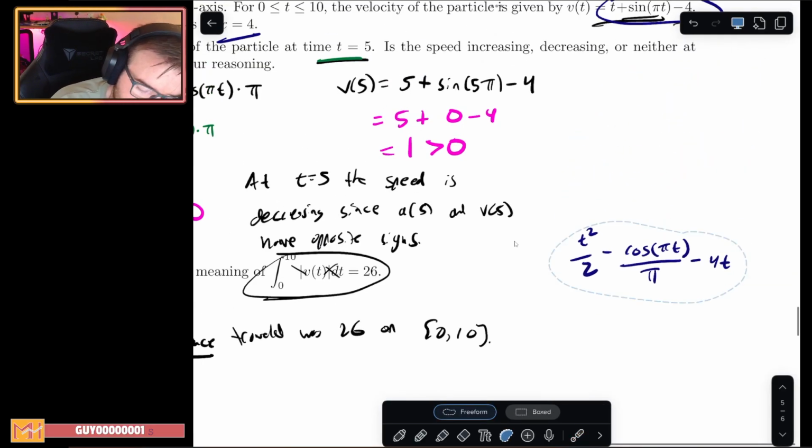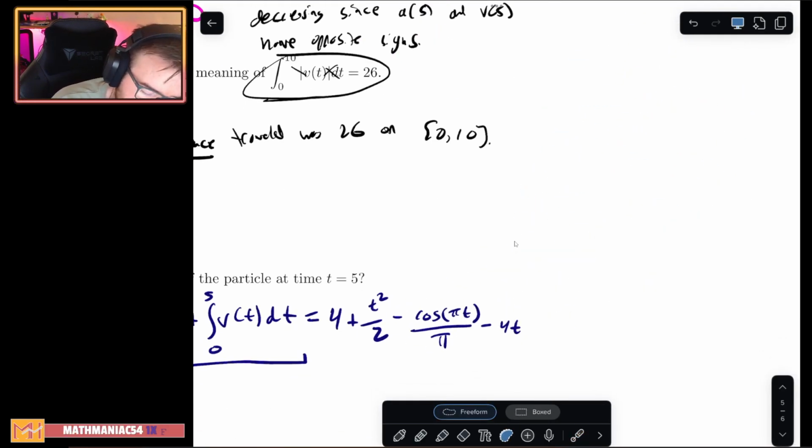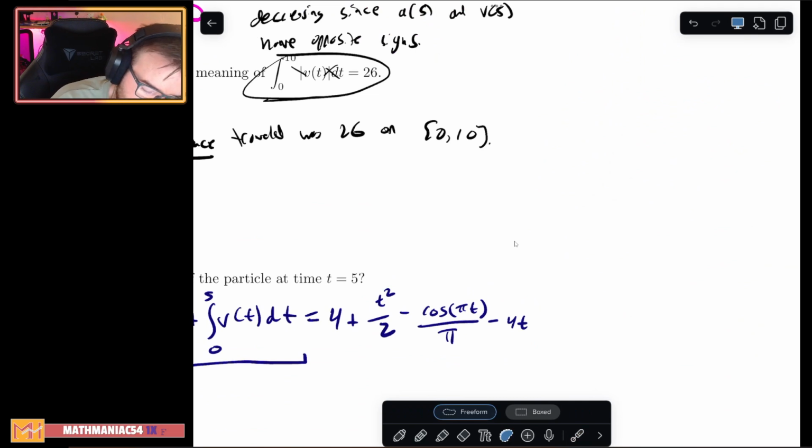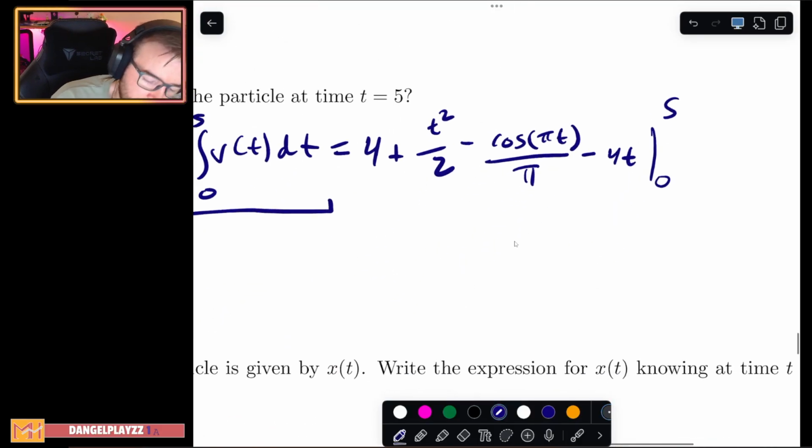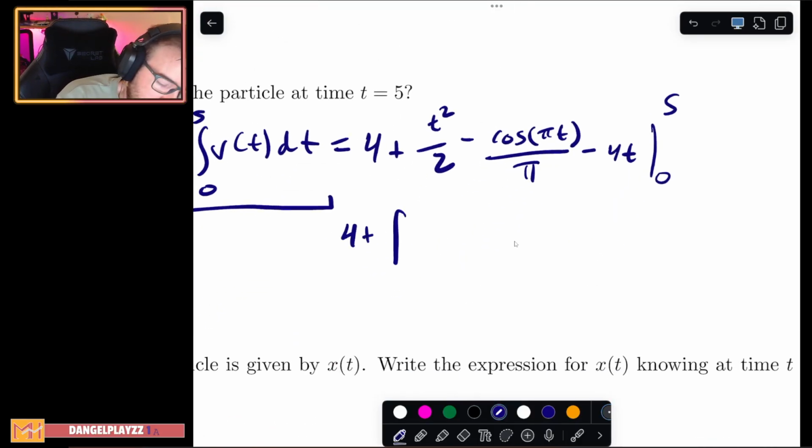So I'm going to drag that down, and we're going to go along the bounds 0 to 5. So 4 plus, when we plug in 5, we get 25 over 2 minus, clearly knowing what cosine of 5 pi is important. Cosine of 5 pi is -1, but the negative times this negative is actually going to be a plus 1 over pi, and then minus 20.